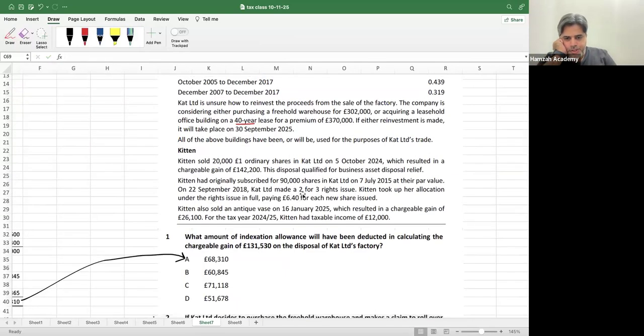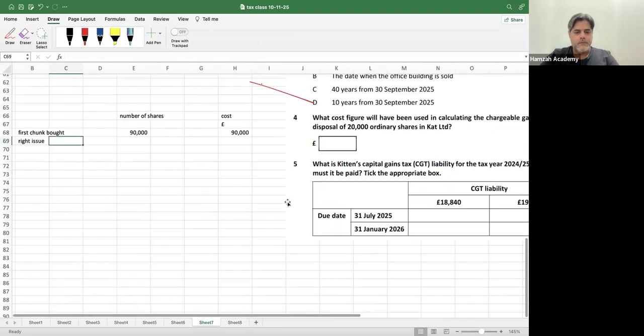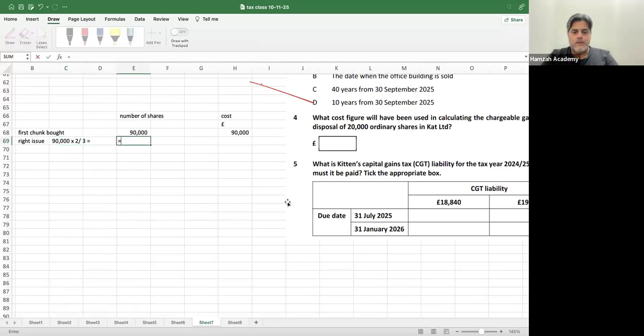Rights issue was 2 for 3 shares at 6.40. 60,000 shares at 6.40 per share.